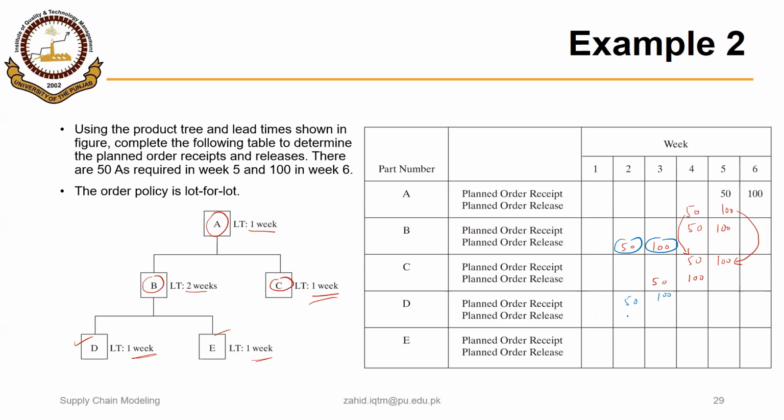The lead time is 1 week, so planned order release of 150 is 1 week earlier. And similarly, E is also a component of B, so planned order receipt of 150, lead time is 1 week, so planned order release of 150 is 1 week earlier. So that is the concept of lead time offsetting. This was a simple example, and we didn't discuss the complete matrix in order to grasp the concept.